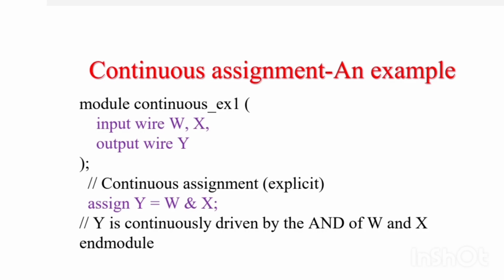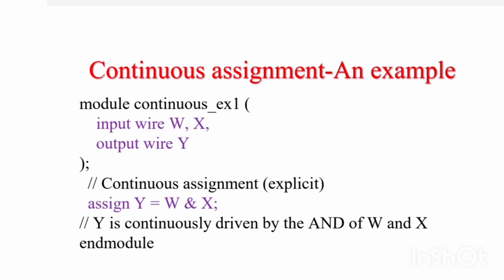Now the description of the program: assign y = w & x; and this is continuous assignment explicit. This means that y is already declared as a wire in the declaration section. Now we are assigning w and x to y, so that is continuous assignment explicit.